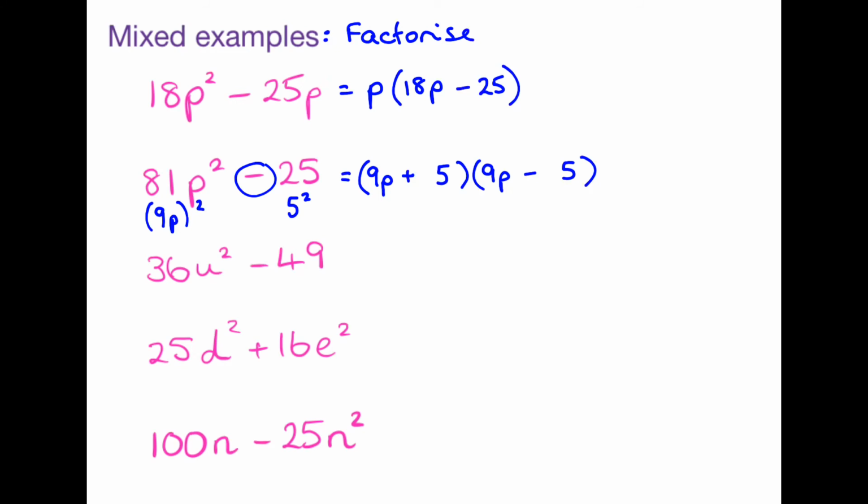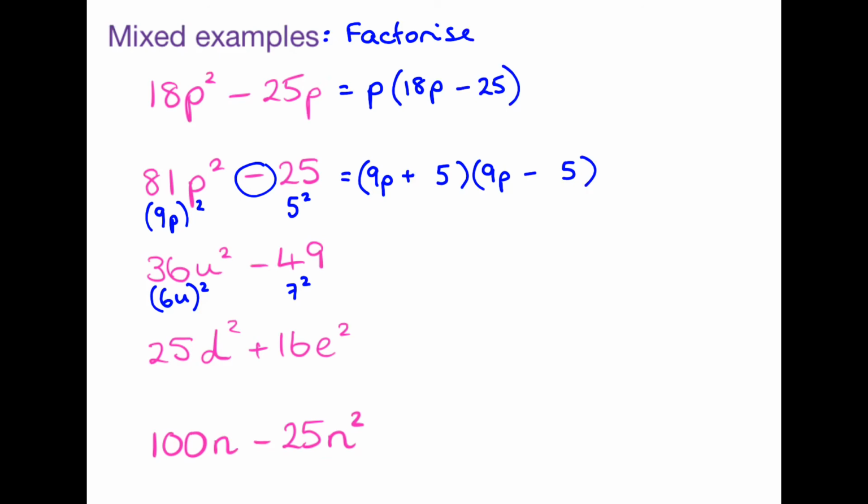Okay, looking at the next one, looking at our numbers, 36 and 49, again, no common factors there. It is a difference because we've got a minus in the middle. 36u squared, well 36 is a square number, it's 6 squared, isn't it? So 36u squared is 6u squared. 49 is 7 squared.